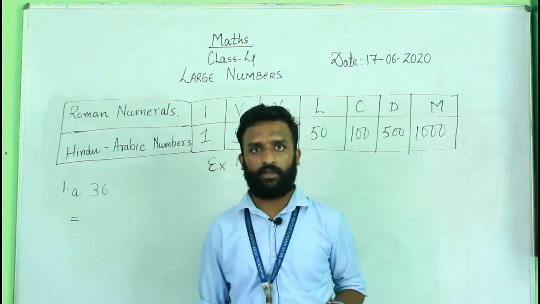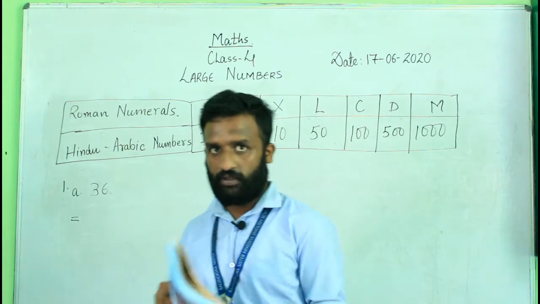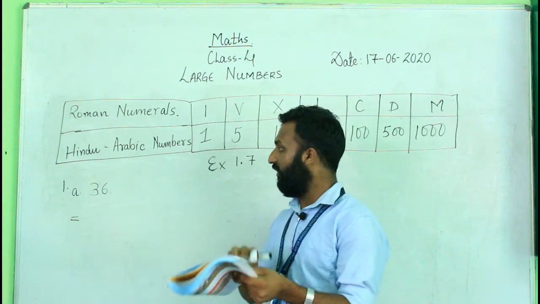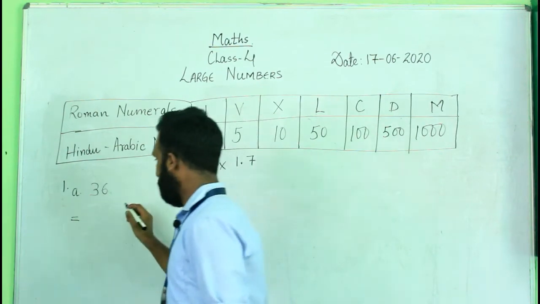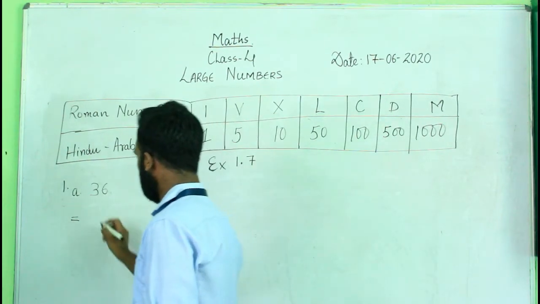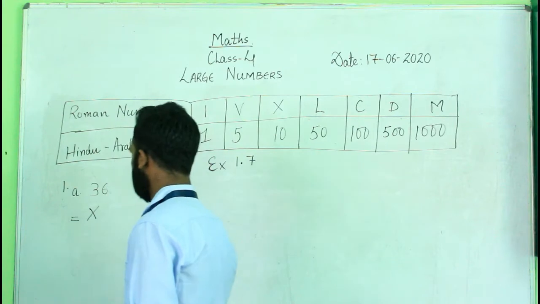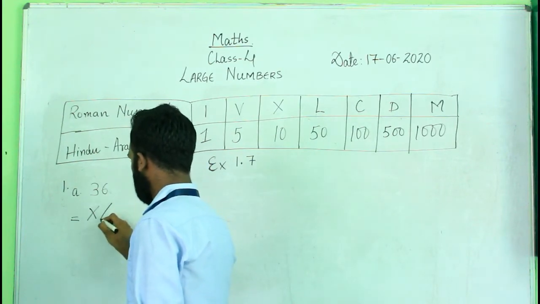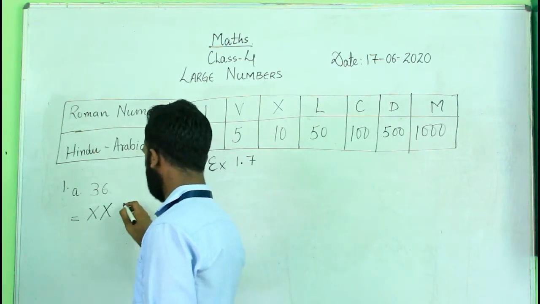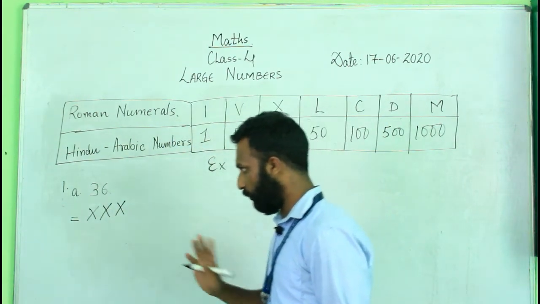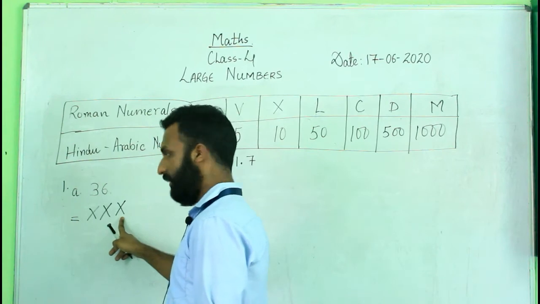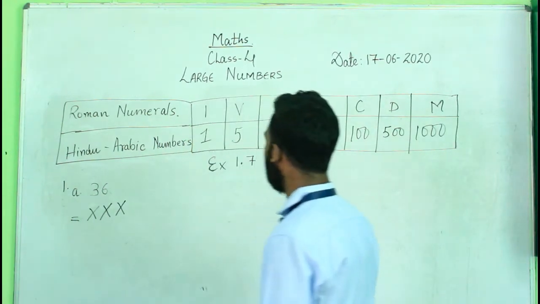So 30 we can make in this way, 10 three times, not more than 3. 20 plus 10 is 30, and 6. How do we write 6?